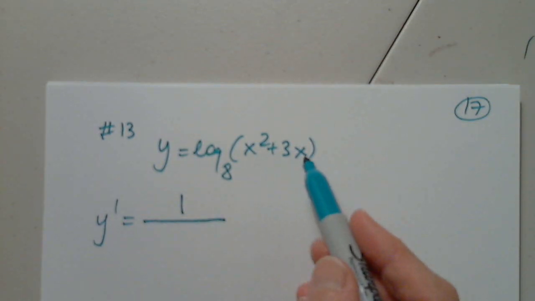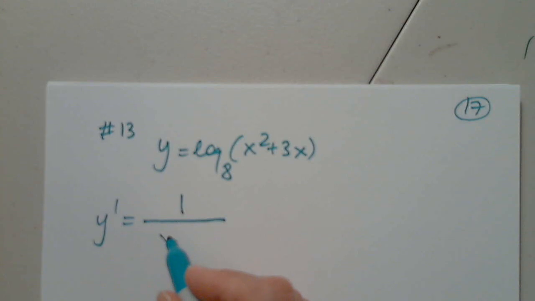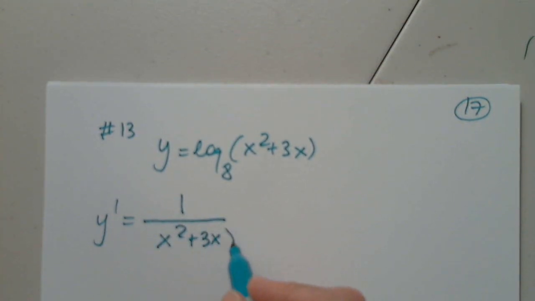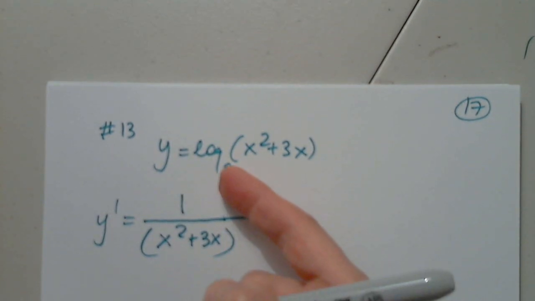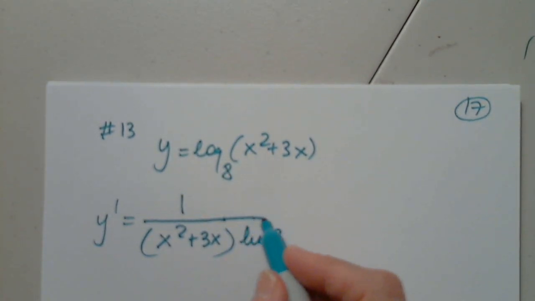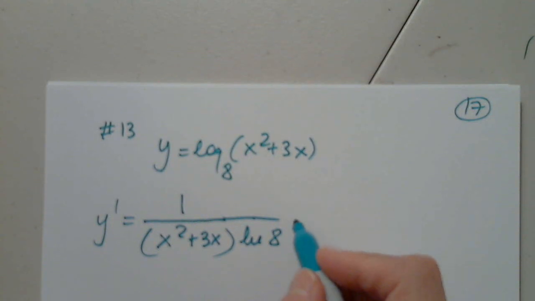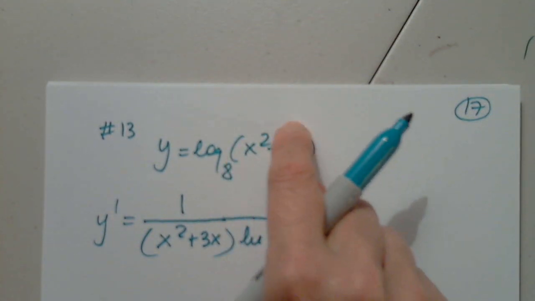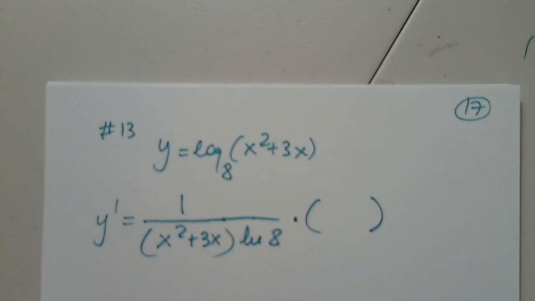One over the x squared plus 3x. And don't forget, natural log of 8 because it's not e, but still we cannot forget times the inner function prime.